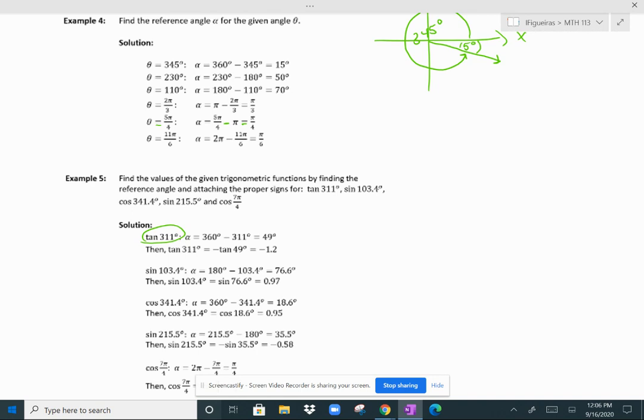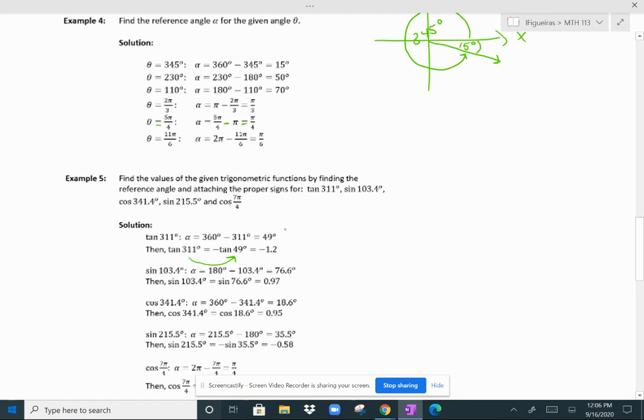But you can also do it in a different way. We could find the reference angle first. So since 311 degrees is in quadrant 4, my reference angle would be 49 degrees. So remember that the tangent of 311 and the tangent of 49 degrees will almost be equal, except they're different by a sign.